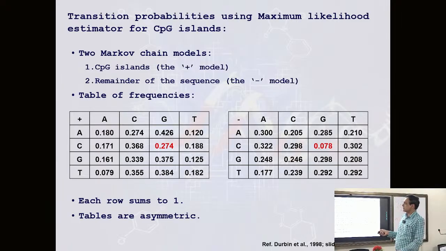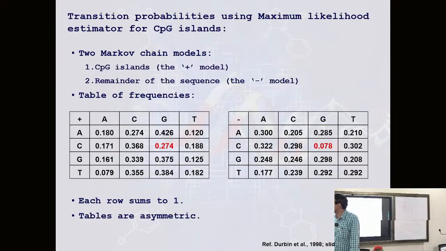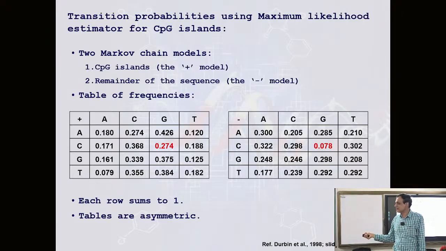So, let us look at the probability of G following C. Okay? So, the probability of G given C, which is this one, is 0.274. Okay? So, dinucleotide CG. That probability is 0.274 for the plus model, for the CpG model.